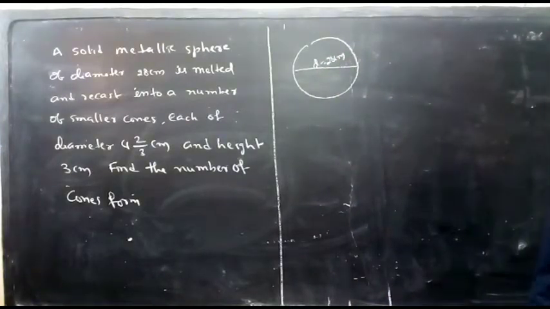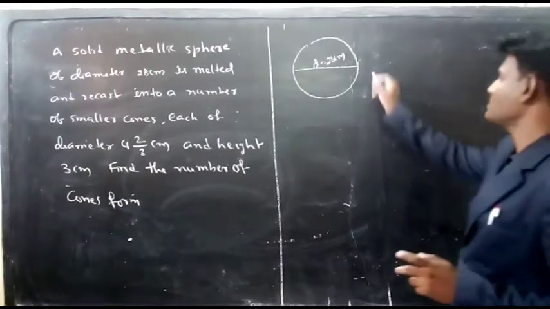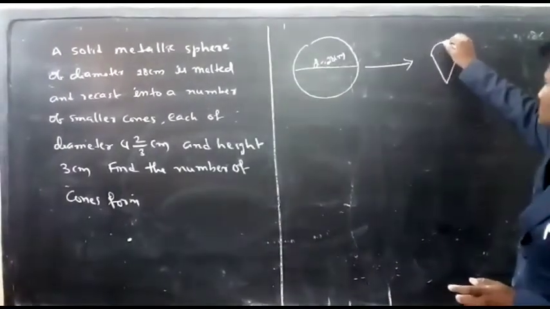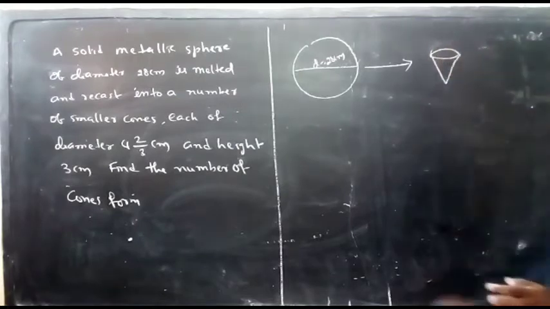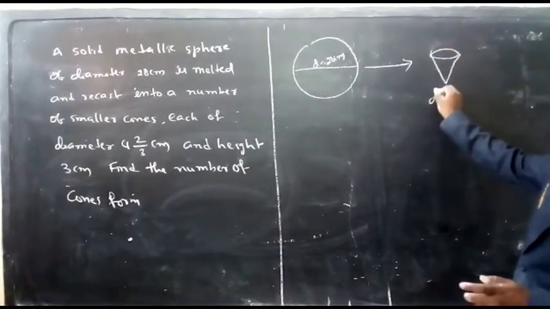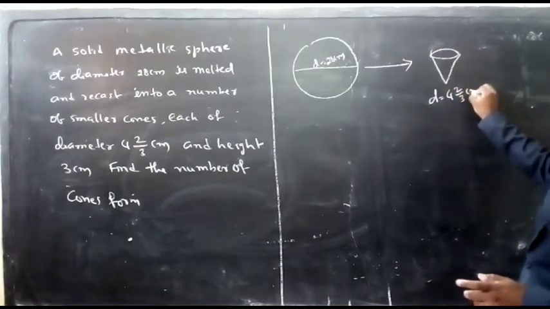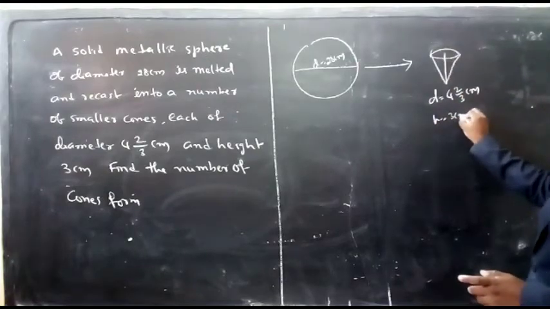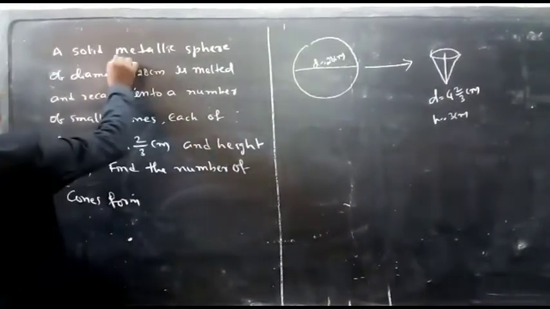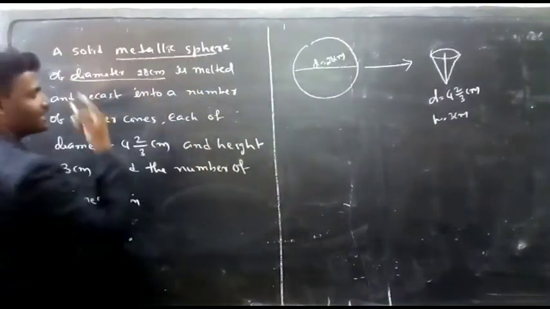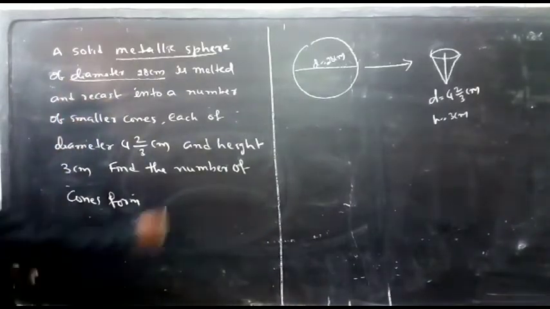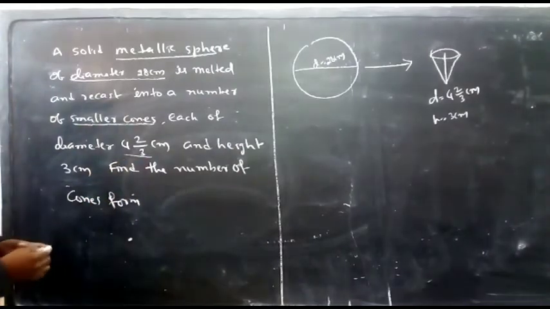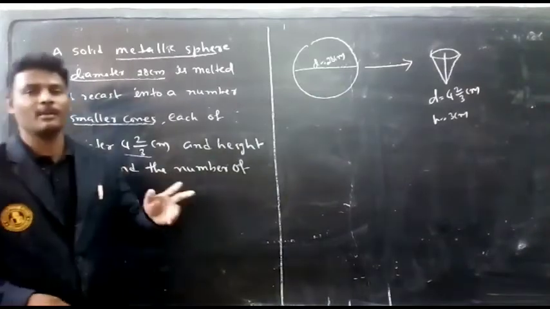It is melted and recast into a number of smaller cones, each of diameter 4 2/3 centimeters and height 3 centimeters. Find the number of cones formed.